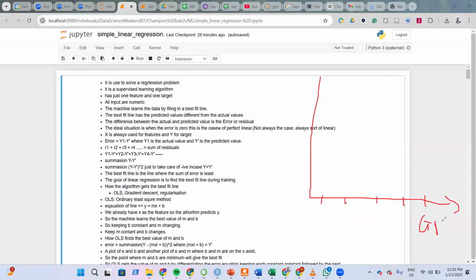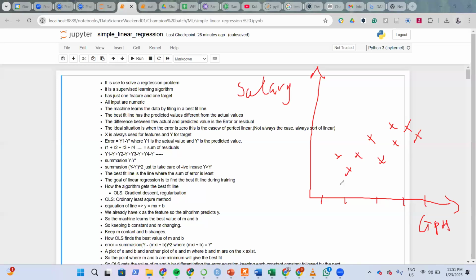Again, we have GPA down here, and up here we have salary, right? We have our different points plotted along the curve like this. As you can see, we get our first line of best fit.